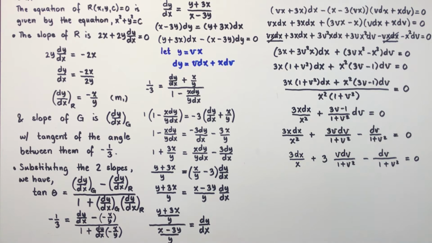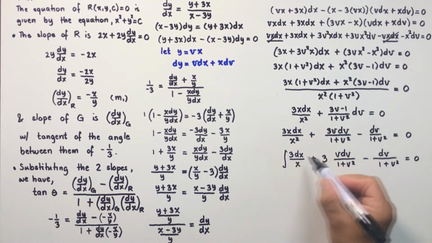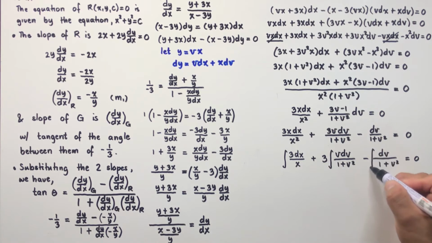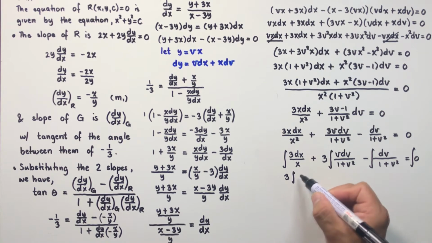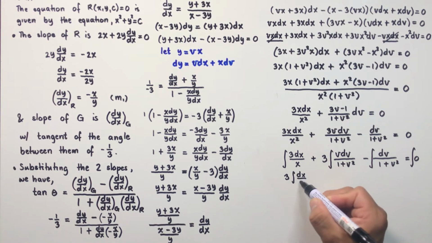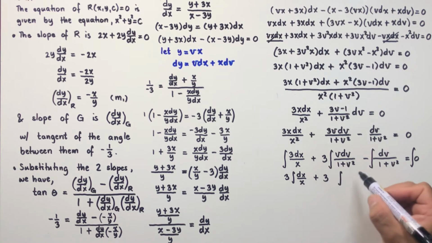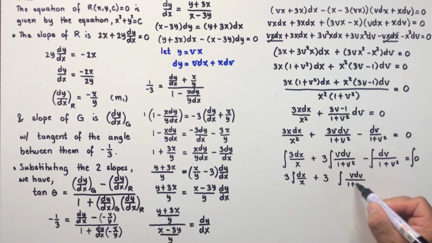And finding the antiderivative to each term of this equation, we have the integral of this one plus 3 times the integral of this one minus the integral of this one, which is equal to the integral of 0. But we can factor out this 3 here, so this is 3 times the integral of dx over x plus 3 times the integral of v dv over 1 plus v squared.